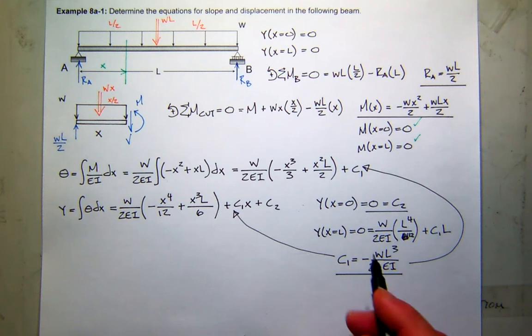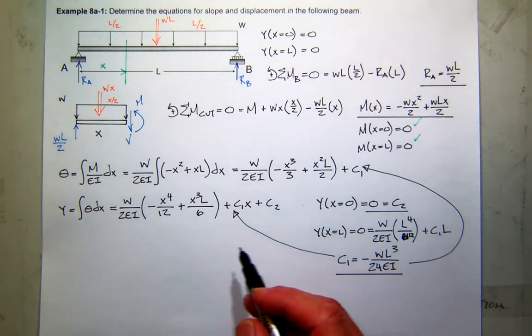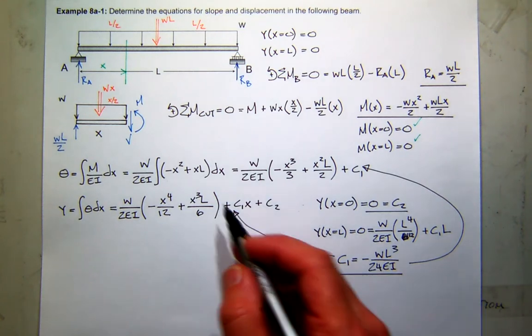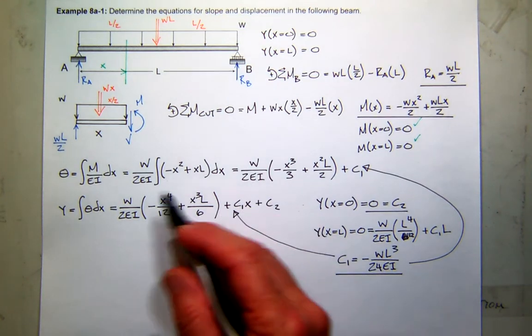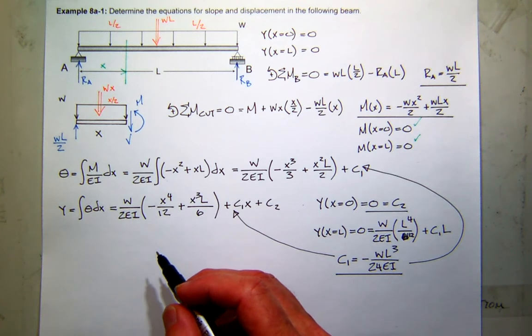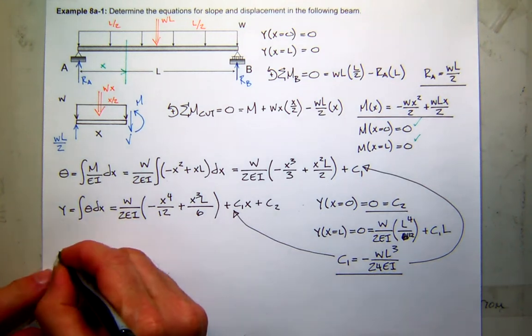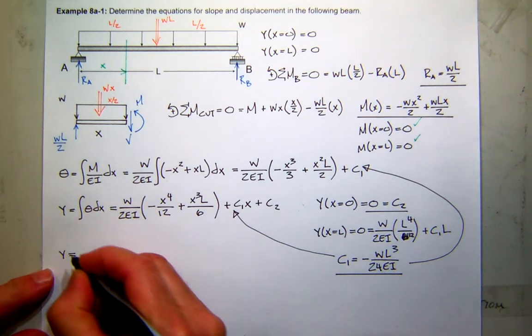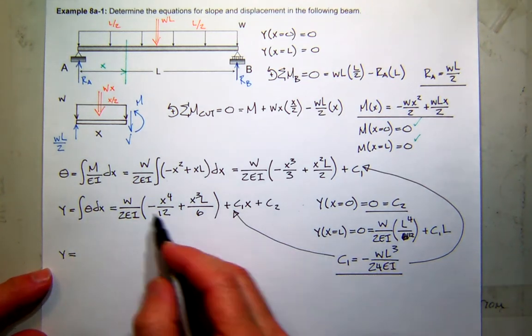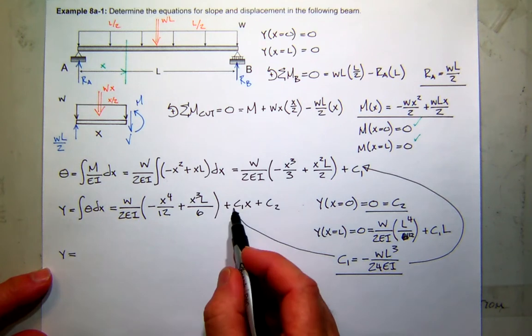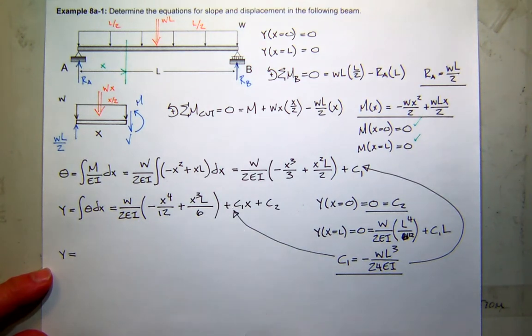Now, just to compare this to what's in the book, I'm going to plug C1 back into here and try to generate the equation for you. And I'll just do the displacement equation. So what happens now is my y equation becomes this. You'll notice that if I plug this in here, I still got W over EI as a constant.